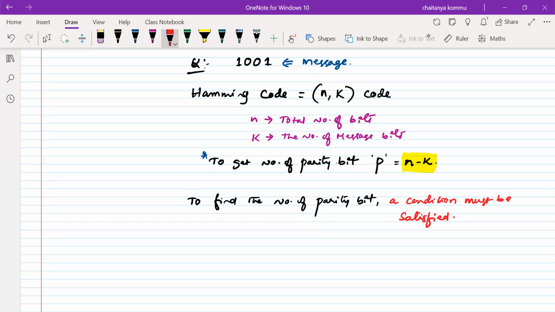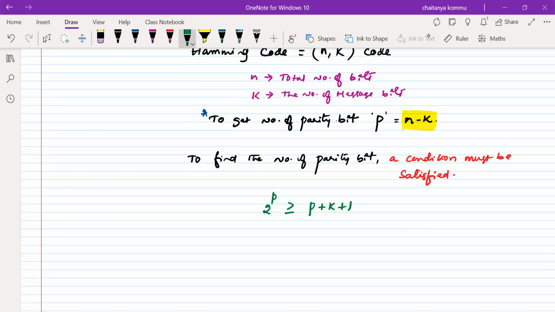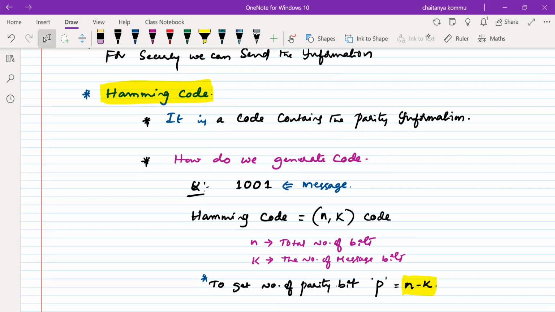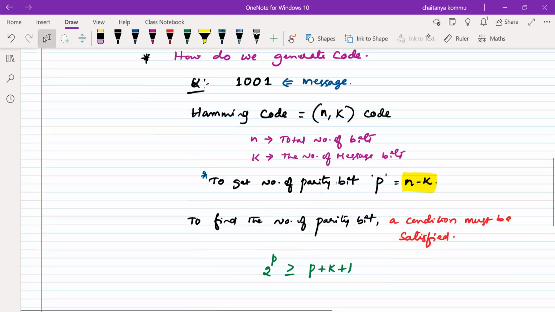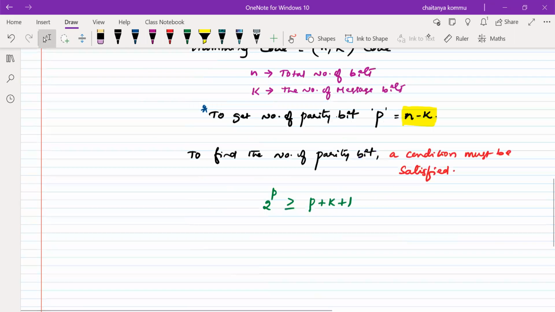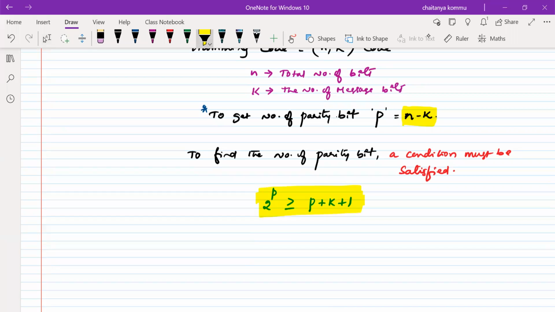The condition is something like this: 2 power p is greater than or equal to p plus k plus 1. The person who invented this Hamming code, his name is Hamming. If you want to generate a Hamming code for any message bits, he suggested that this is what you have to follow. So these many parity bits are required. So this must be satisfied.